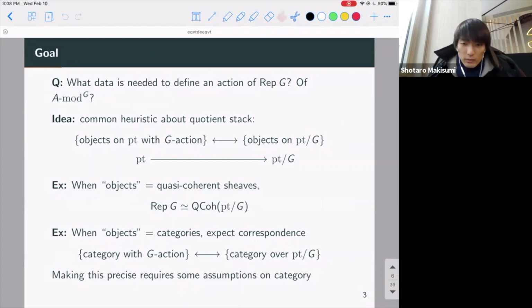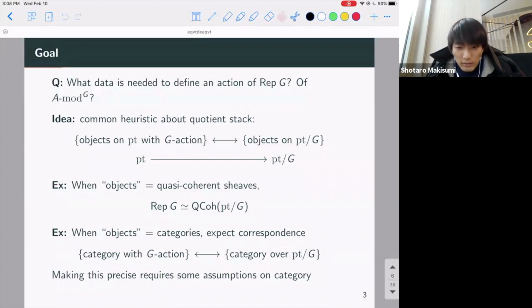So, for example, what's the data needed to define an action of Rep G? Here I want to use a heuristic about objects on a quotient stack. This is a heuristic that needs to be made precise, but it says that an object on BG is the same as an object on a point together with a G action, so G-equivariant objects on a point.